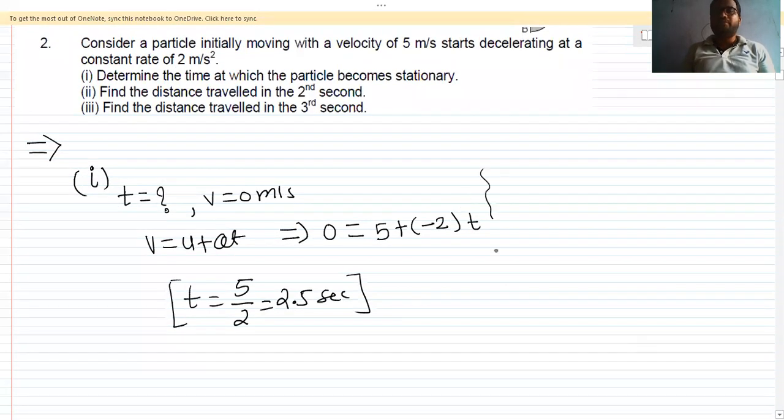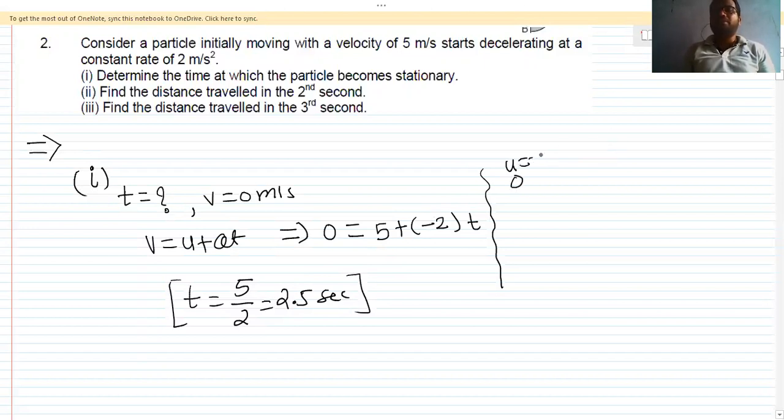Next, find the distance traveled in the second, right? As the particle becomes stationary at 2.5 seconds, whatever displacement is there, the same is the distance till 2.5 seconds, isn't it? The particle path will be like this.